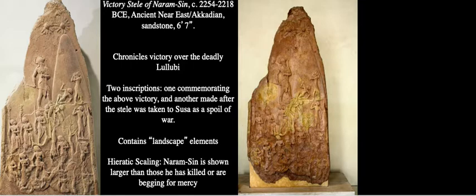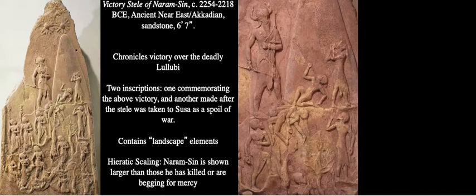So in this context, Naram Sin is the most important person, and he's shown bigger than everyone. He's shown bigger than those who he leads, and he's certainly bigger than those who are pleading for his mercy. And we'll have a chance to show you a detail of that now.